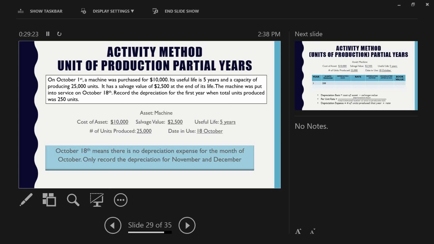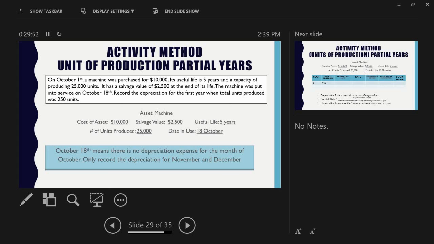It has a salvage value of 2,500 at the end of its life. The machine was put into service on October 18. Record the depreciation for the first year when total units produced was 250.